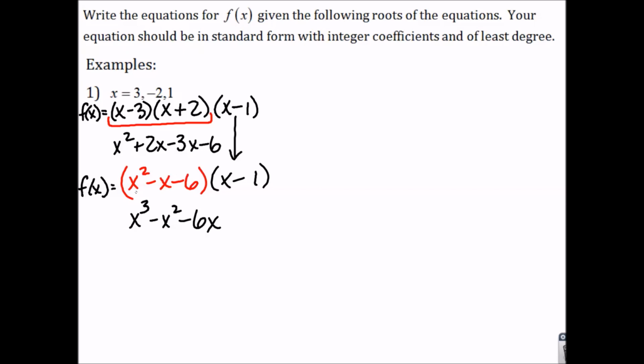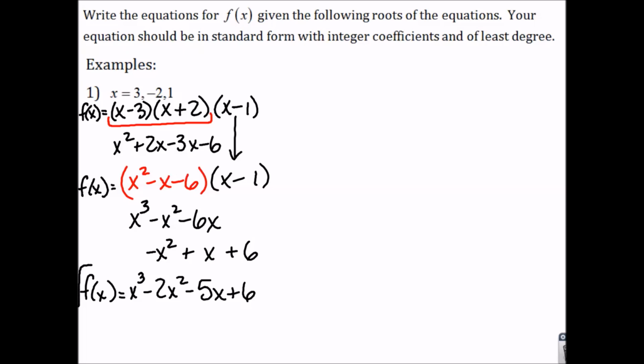Then I'm going to multiply all these terms by negative 1. So x squared times negative 1, and I'm going to write this underneath. Gives me negative x squared, negative x times negative 1 is x, and negative 6 times negative 1 is positive 6. Then all I need to do is add my like terms. So I end up with x cubed minus 2x squared minus 5x plus 6. And that is my equation.